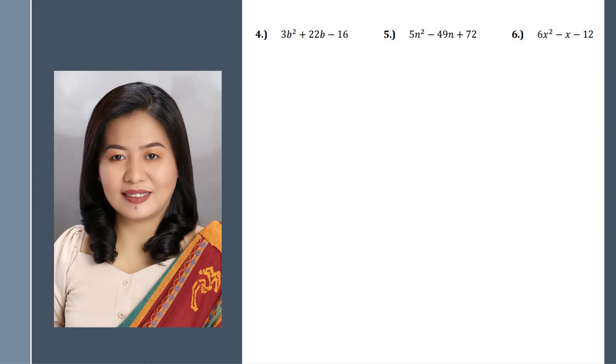So let's have number 4. Number 4, multiply 3 and 16. 3 and 16 is negative 48. So factors of negative 48 that give a difference of 22. So I can have 4 and 12. Can that be? 4 and 12.